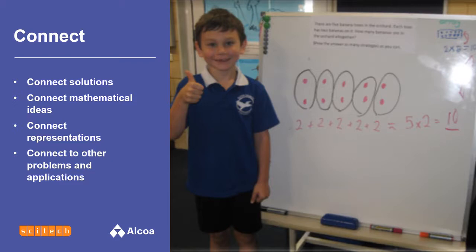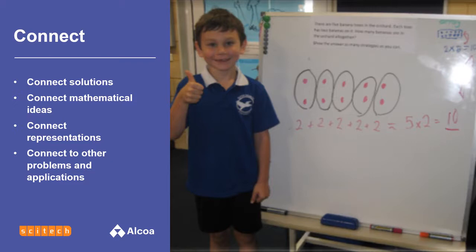So what the teacher did is she discussed the first solution, the drawing of the bananas and in the banana trees and the counting. So this was the accessible one that most students had. And then she got Jack to come up and share how he solved it and show his array.